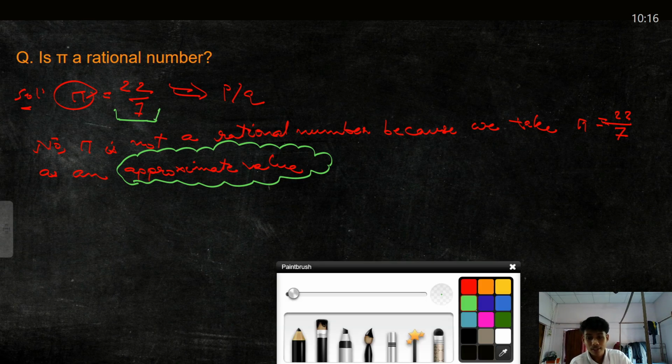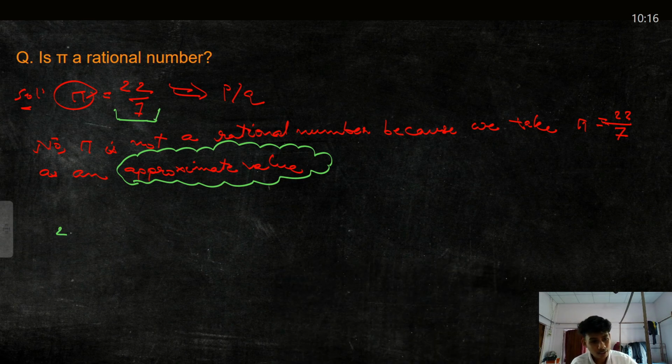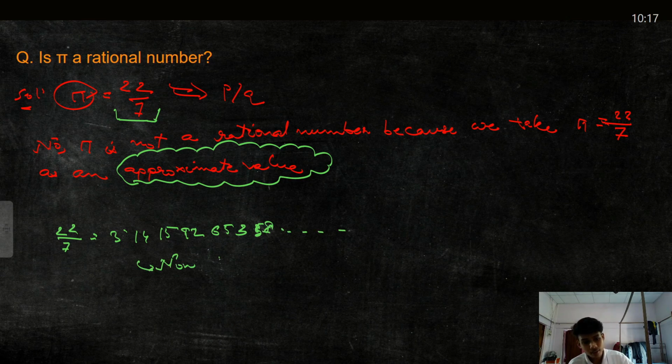Now if we divide 22 by 7, you will see that the value will come as 3.141592653 then 58, and it will keep continuing, which is non-terminating non-recurring.